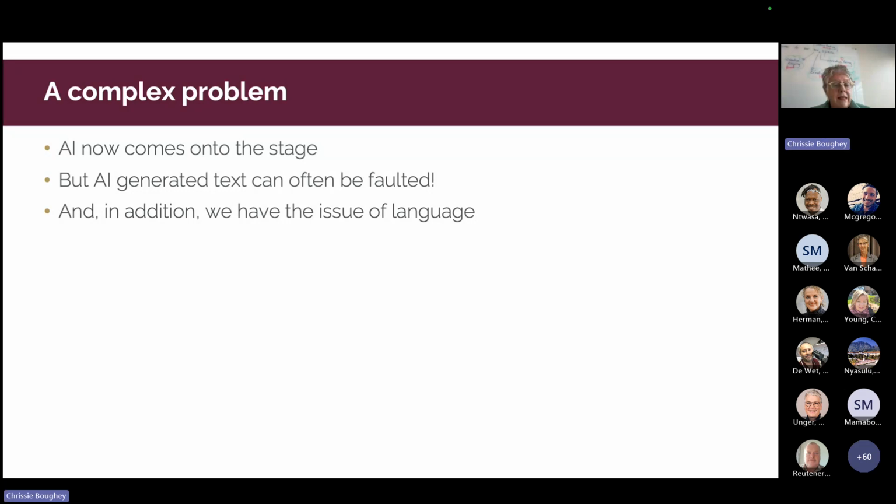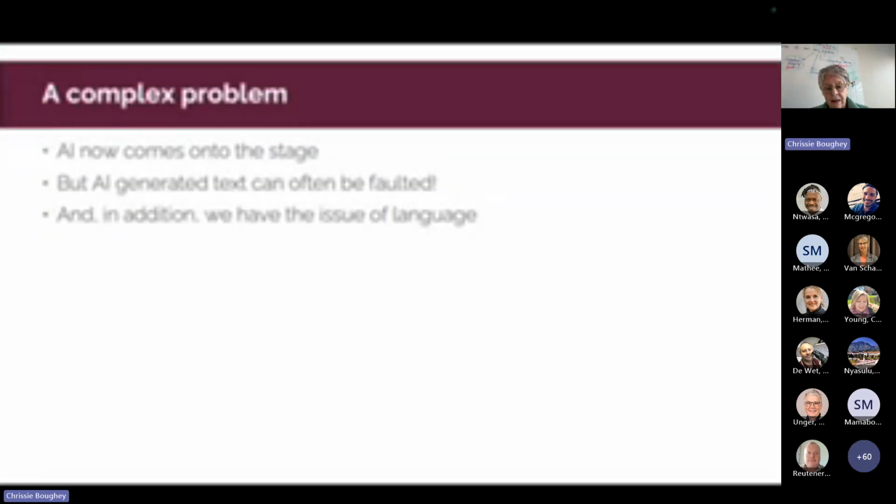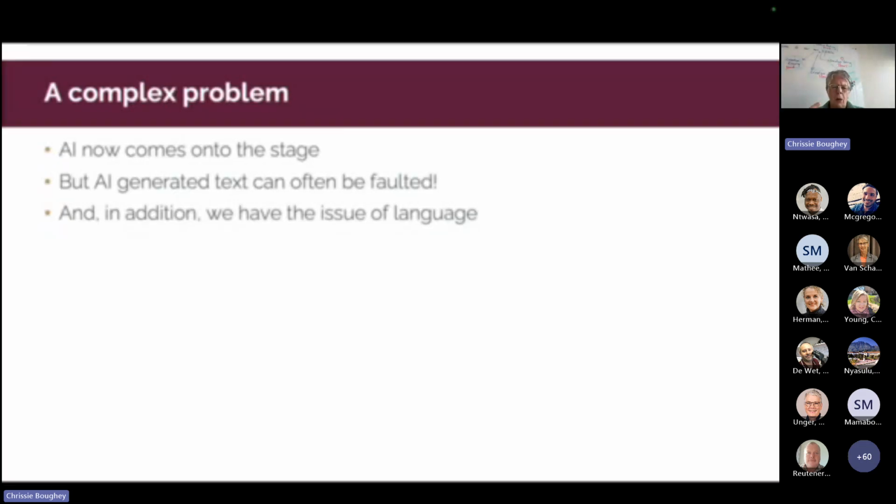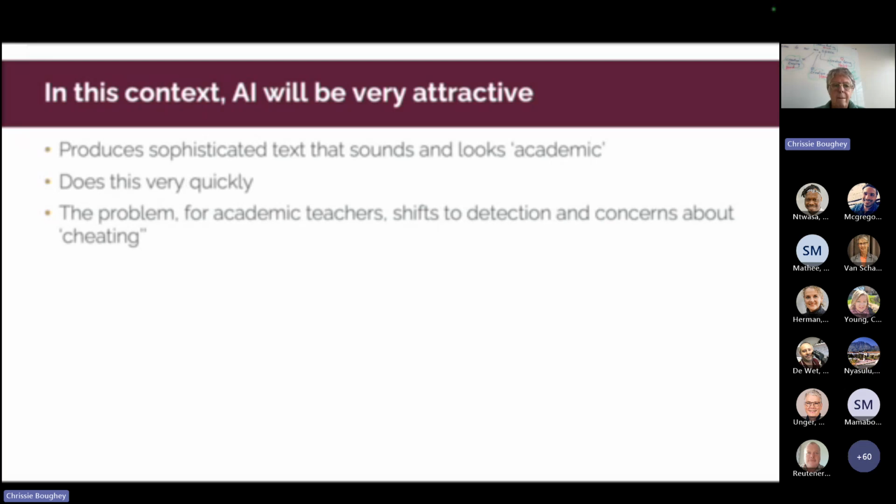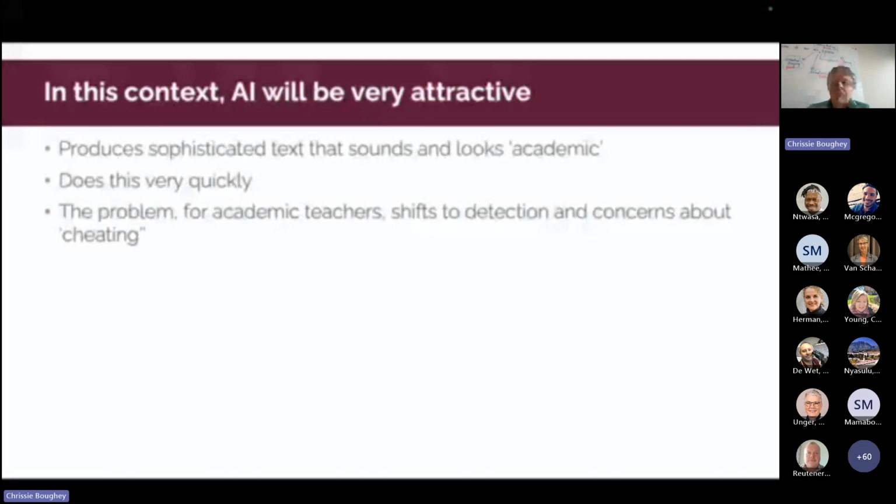Not only is it easy, but the AI-generated text can often be faulted. So we've got AI and we've got the issue of language and knowledge. So we've got this really complex problem. But the AI will be very, very attractive.